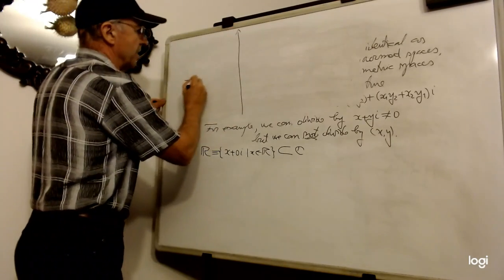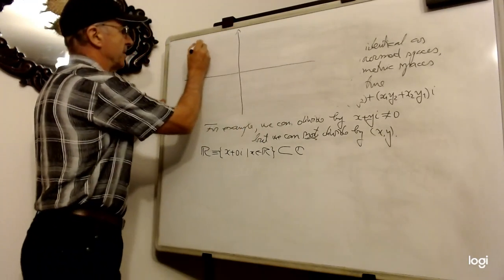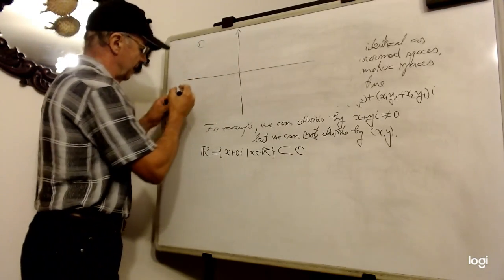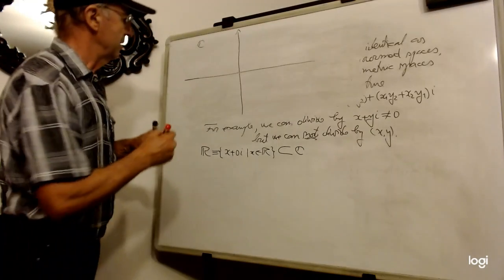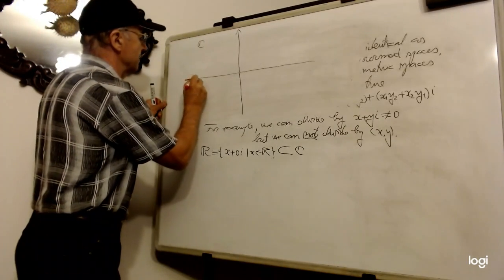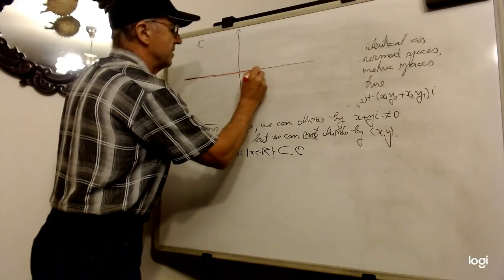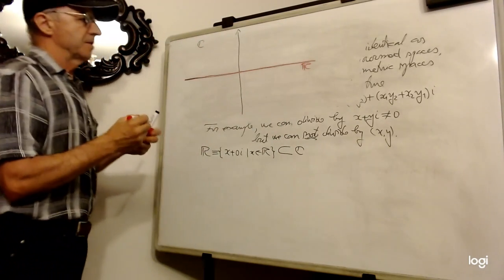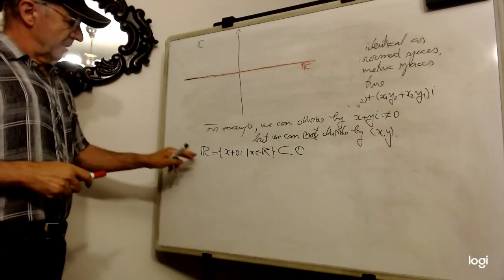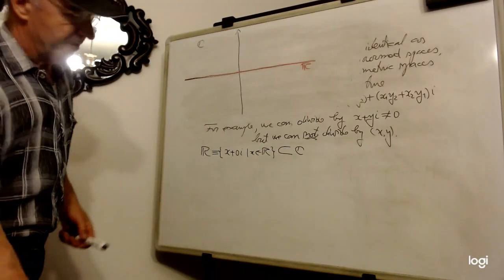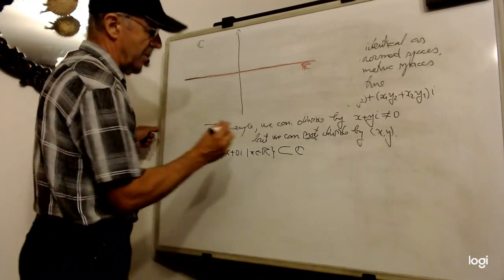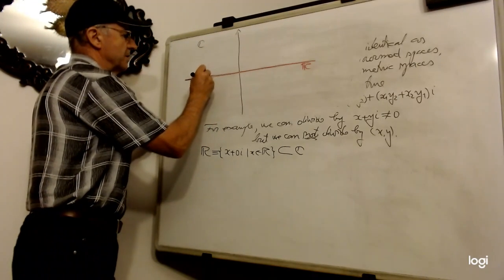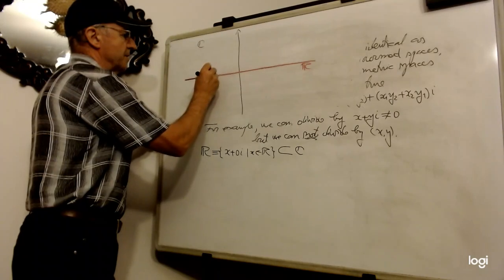And here, this is the space of all the complex numbers, but the space of the real numbers is a subset here, this red subspace. So R is a subset of C. A point here is x plus 0i.